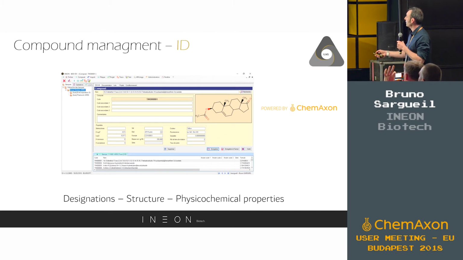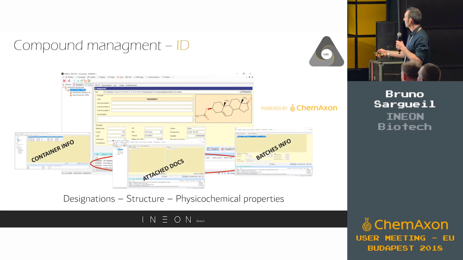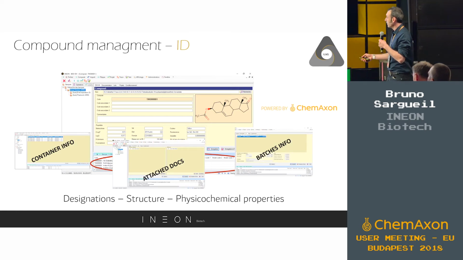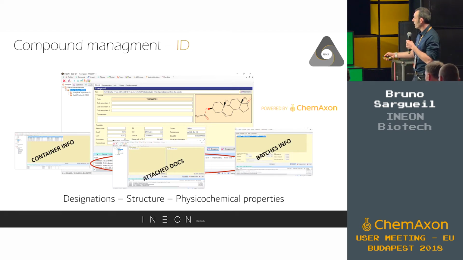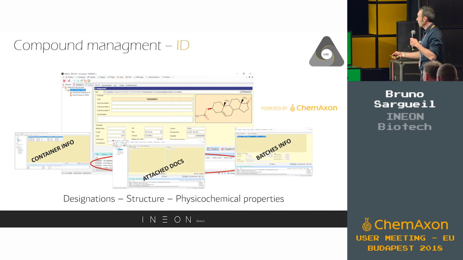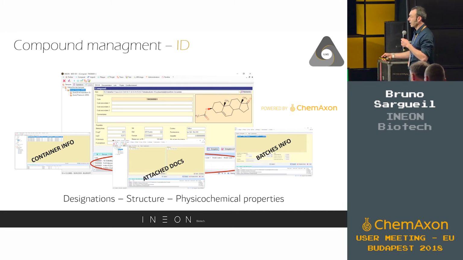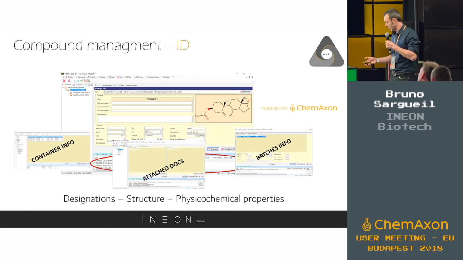You've also got different tabs here that give you info about the labware and the containers. You can also attach documents to each of the molecules, and it gives you information about the different batches that you have in your laboratory.